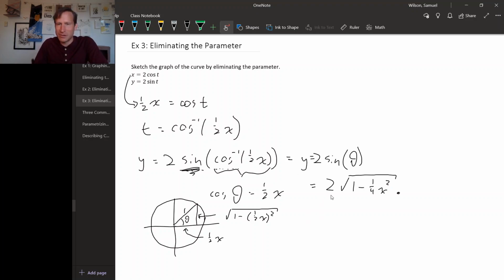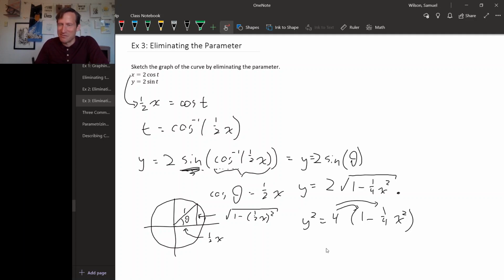So we get this equation, y equals 2 times the square root of 1 minus 1/4 x squared. This might not be something that you immediately recognize, but let's try squaring both sides. If we square both sides, we get y squared equals 4 times 1 minus 1/4 x squared. Now this is starting to look like something I recognize.